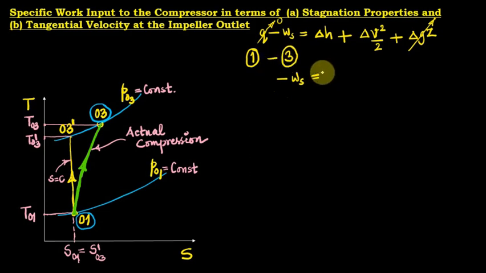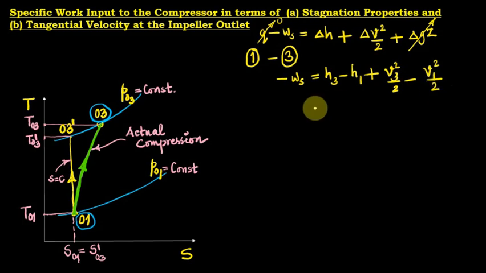For 1 to 3, it is the final H3 minus H1, plus the change in kinetic energy per unit mass, delta V square over 2, which for 1 to 3 will be V3 square by 2 minus V1 square over 2.